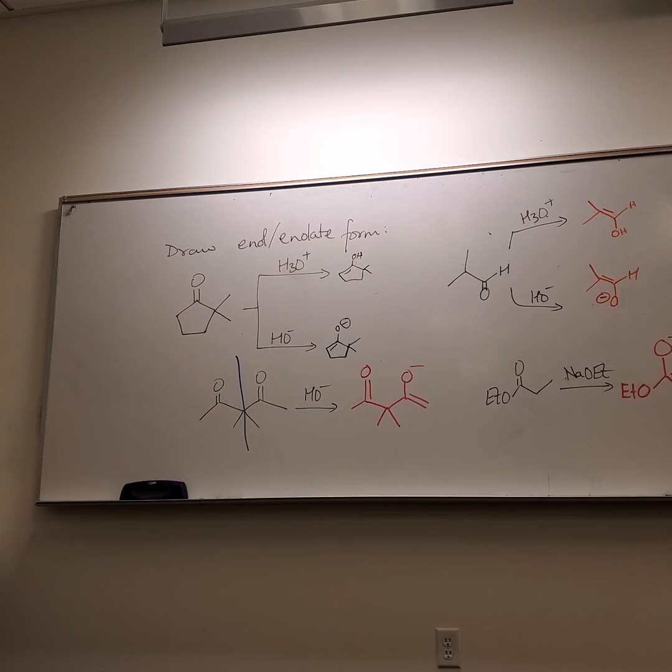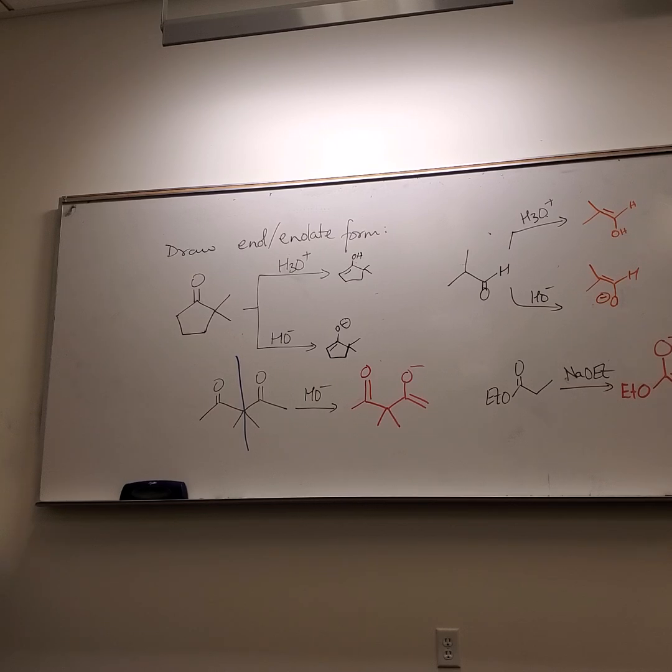Okay, so basically, if I have an aldehyde or a ketone which has an alpha hydrogen, so we remember this reaction is all about using the alpha hydrogens. So we definitely need to have at least one, if not more.